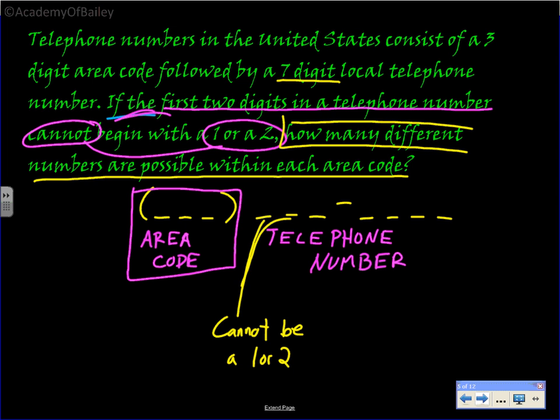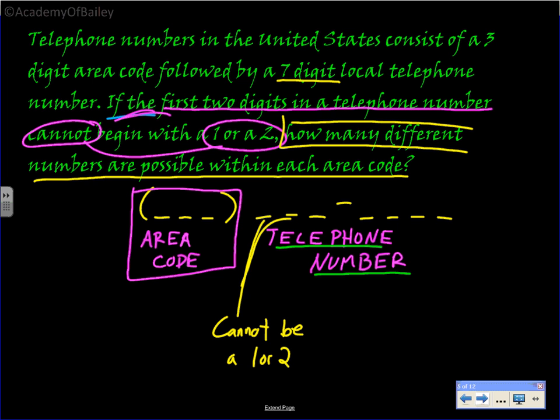We're just trying to figure out how many different phone numbers in that area code you can have. That's kind of helpful because if you're the telephone company, you're assigning phone numbers, you want to make sure that you have enough telephone numbers to pass out to the different people that live in the area. So if you're living in a larger city, you may need more than 1 area code.